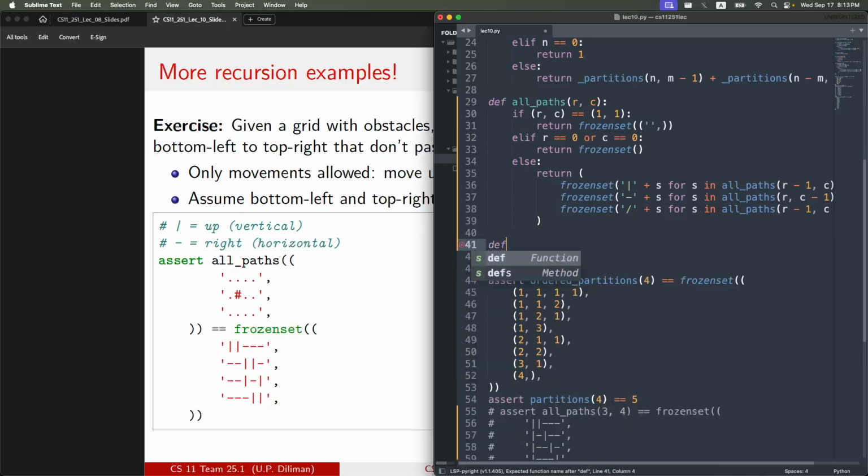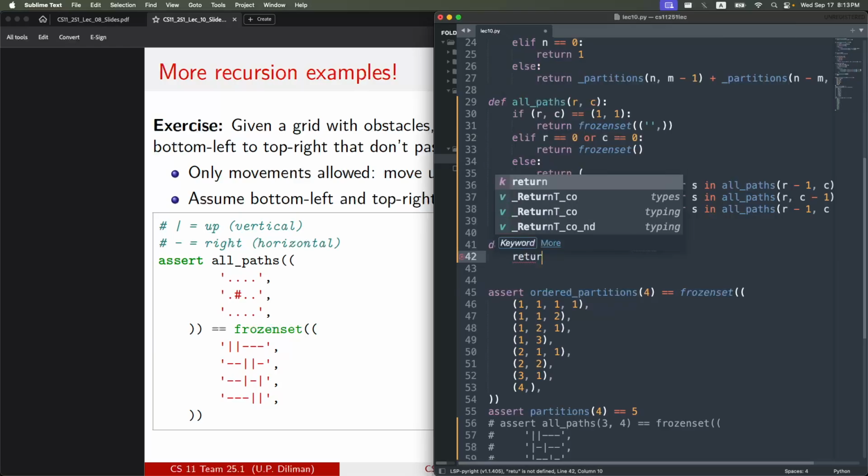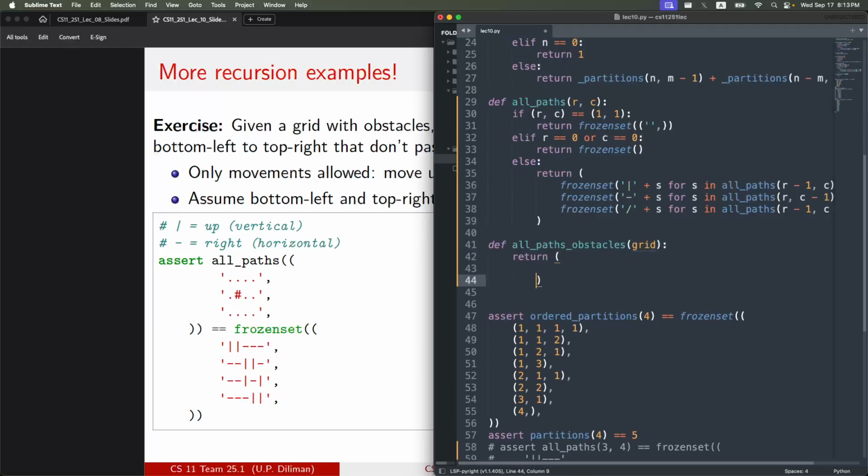Let's call this all paths obstacles, then an actual grid. Also return a frozen set. We have two choices for movements. You can either go up or go to the right.